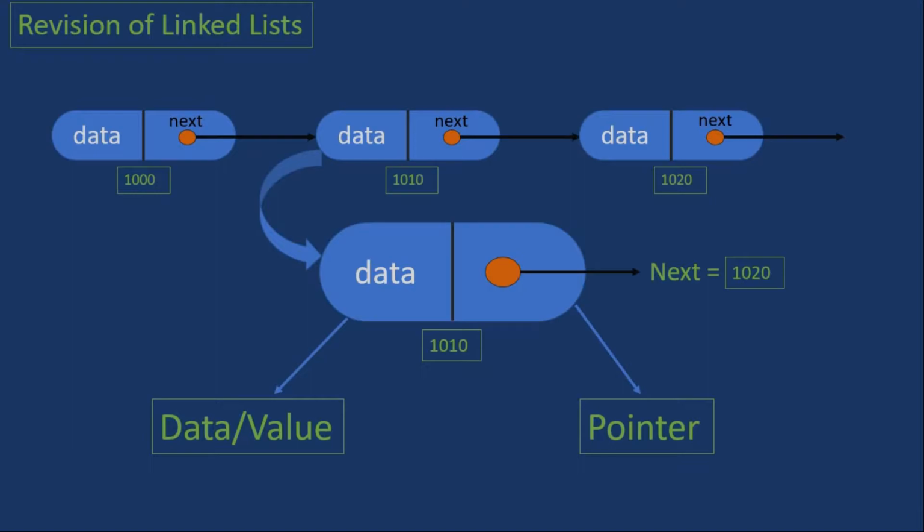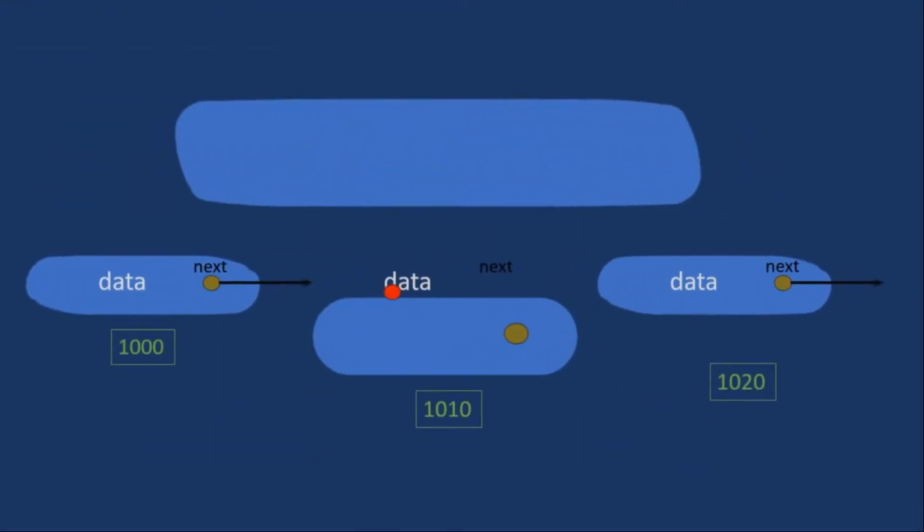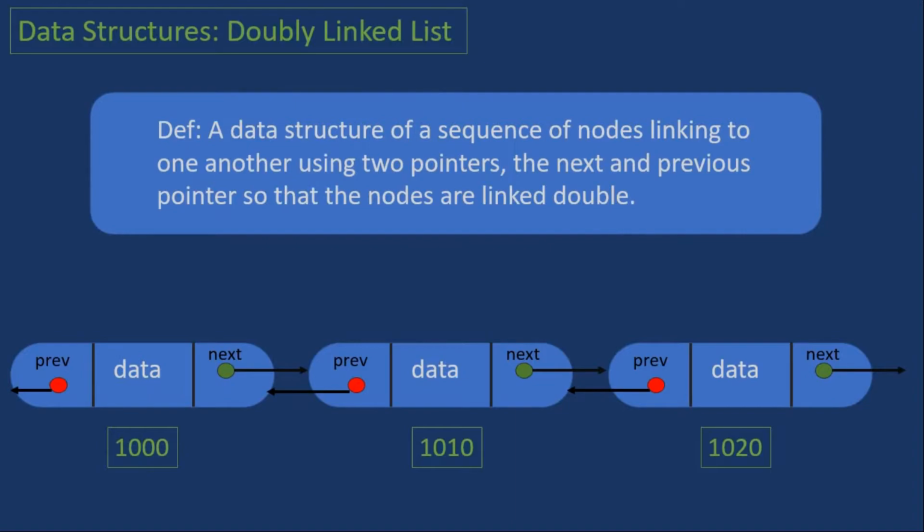Now, from our earlier definition of the Doubly Linked List, we described it as a sequence of nodes linking to one another, just like in the Singly Linked List. But unlike the Singly Linked List nodes, the nodes for the Doubly Linked List can hold data or information to be stored, a next pointer to point at the next node, and a previous pointer to point at the previous node.